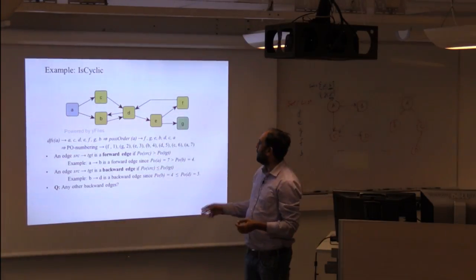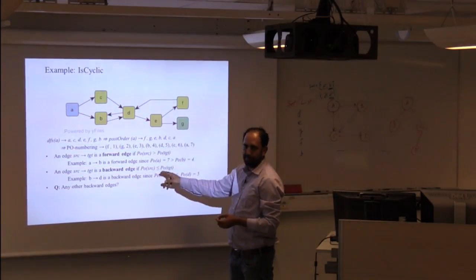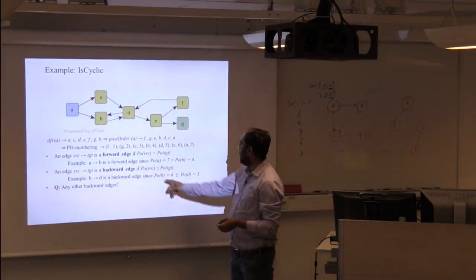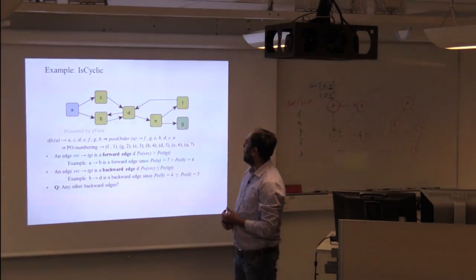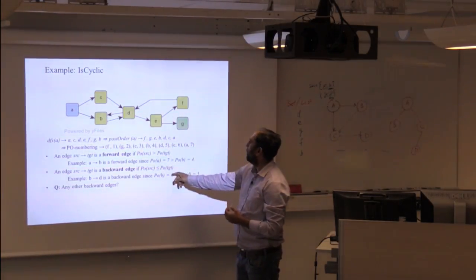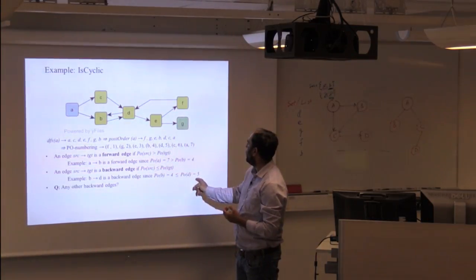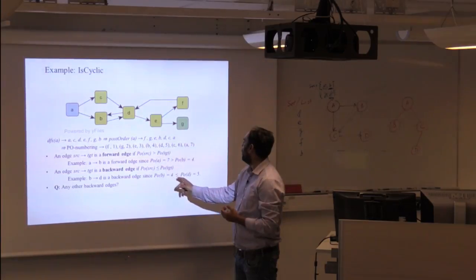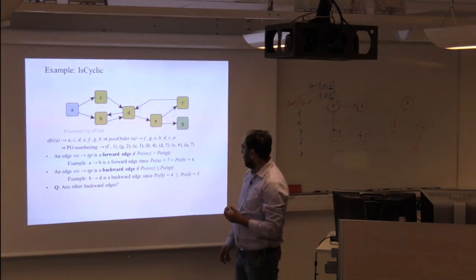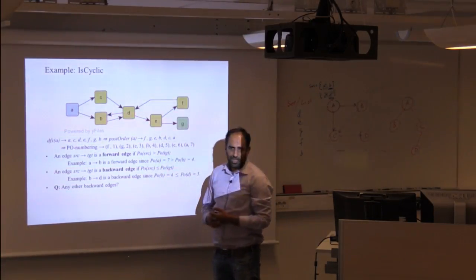And if that number is less, for example here, if we check the post order number of B, 4, and then the post order number of D, which is 5, since 4 is less than 5, that is a backward edge.